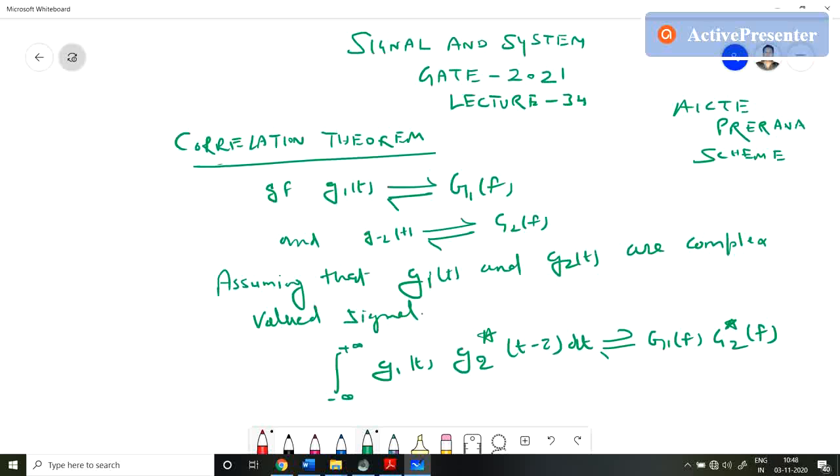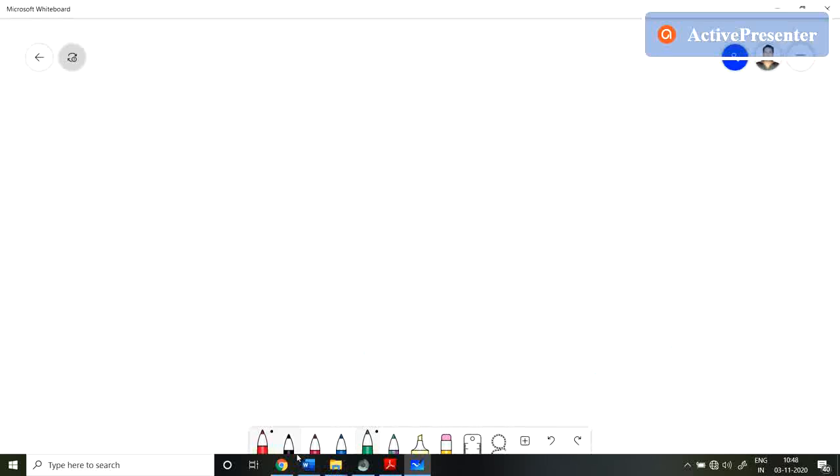So the integral from minus infinity to plus infinity of G1(t) G2 conjugate (t minus tau) dt has the Fourier transform G1(f) and G2 conjugate (f). So what is G2 conjugate (f)?